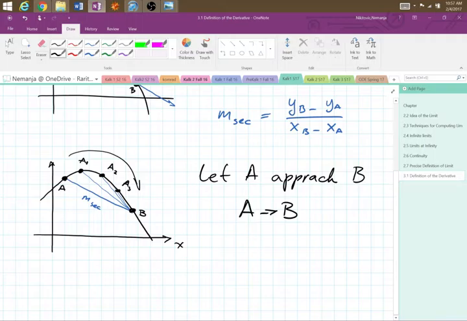When A passes B, life is still good, because again, you have two distinct points, and when you do the subtraction of x values in the denominator, you're not getting 0. But you see that when A is equal to B, YB minus YA, because they're the same height, becomes 0, and XB minus XA, because they're the same x location, becomes 0.